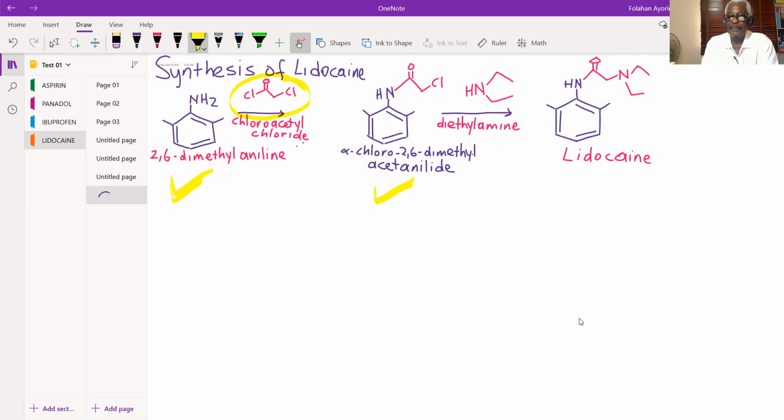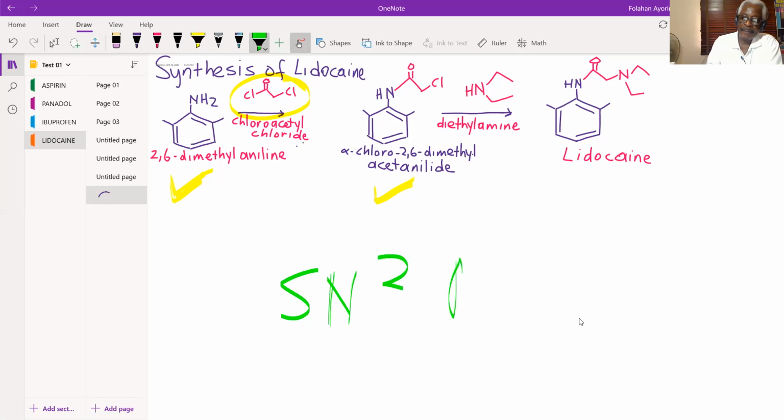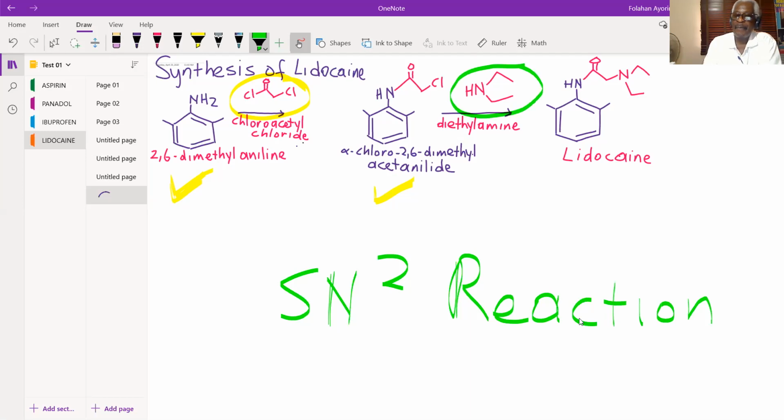And finally, in what we refer to as an SN2 reaction, we have the diethylamine, this molecule here, reacting with the chloro 2,6-dimethyl acetanilide.